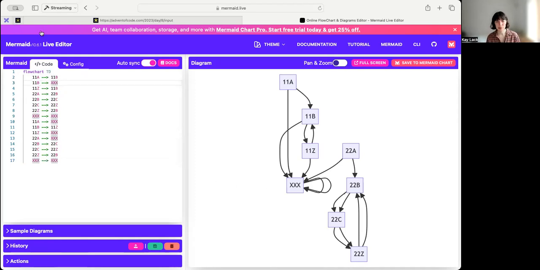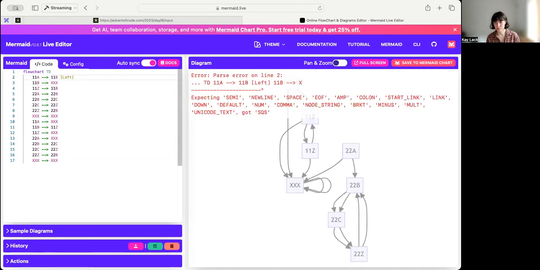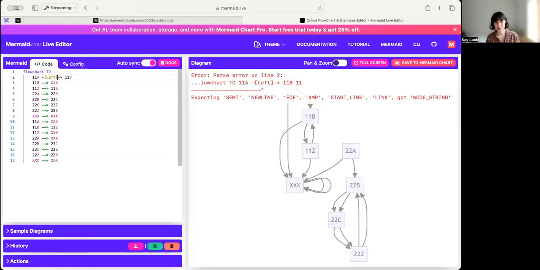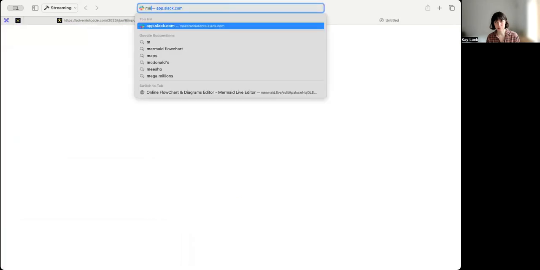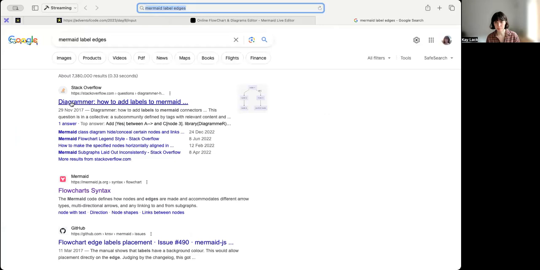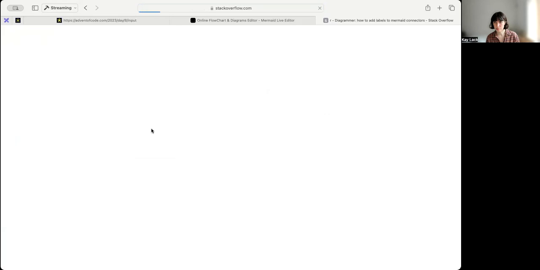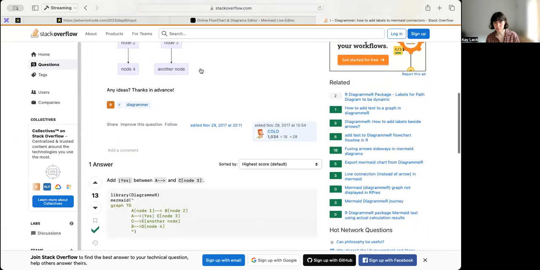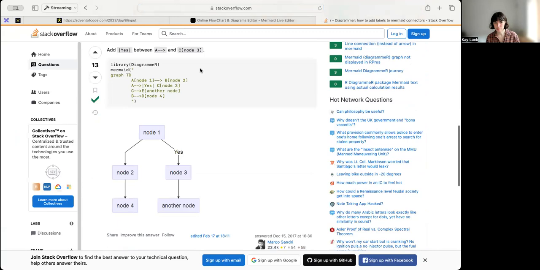Okay, now I need to label the edges. How do I do that? Okay, I can do that.